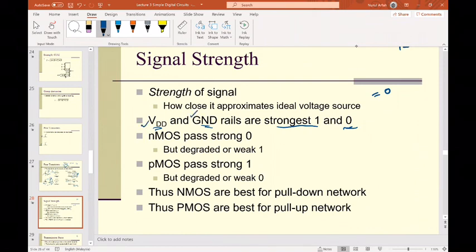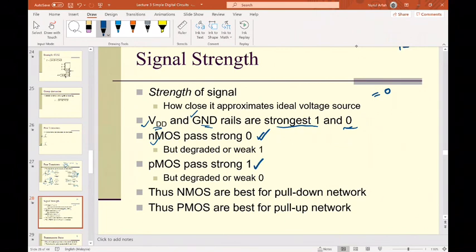And for NMOS, yes, it should pass a strong 0 if you connect it to the source. You want it to pass 0, so it should give a strong 0. But if you pass a 1, then it will be a weak 1, or degraded 1. And for PMOS, it should pass a 1.